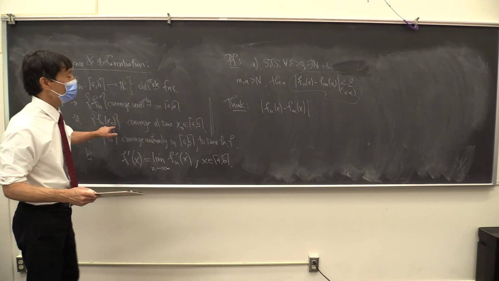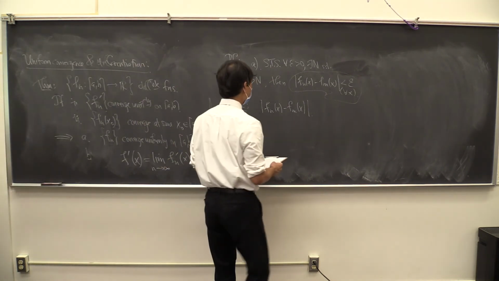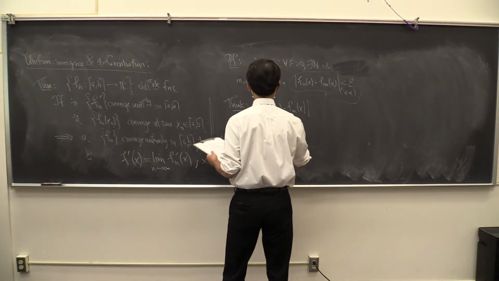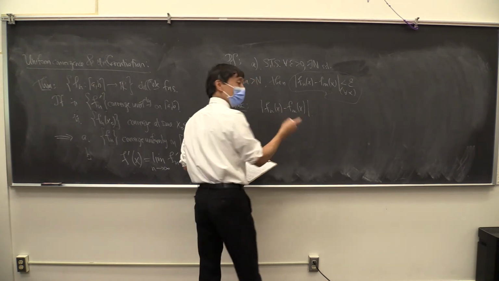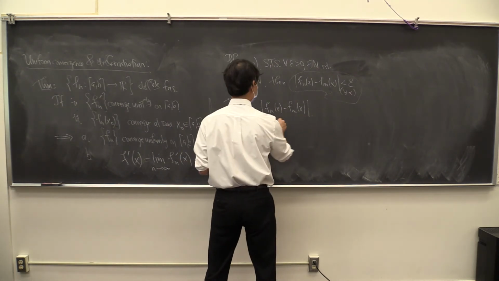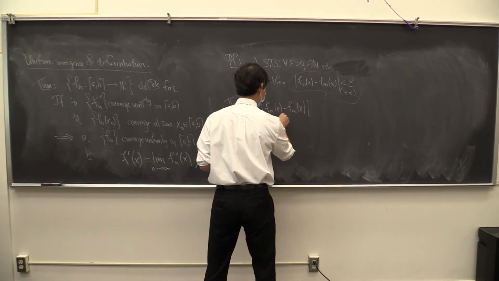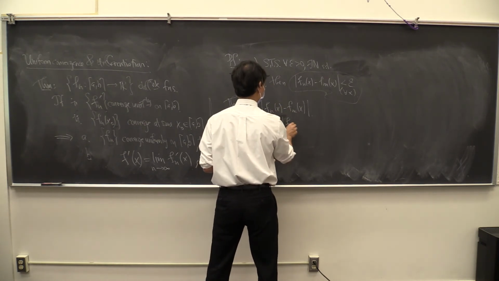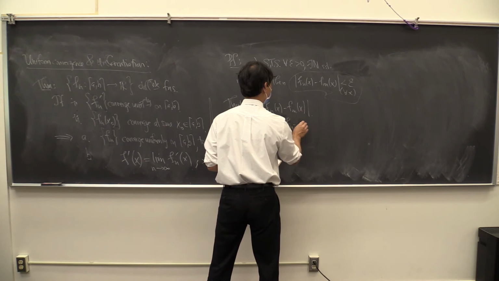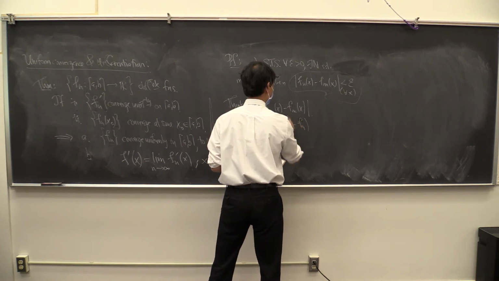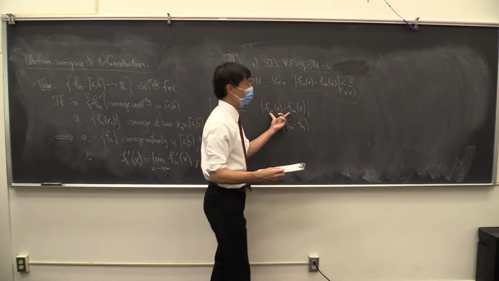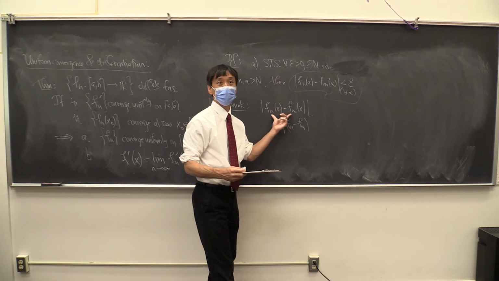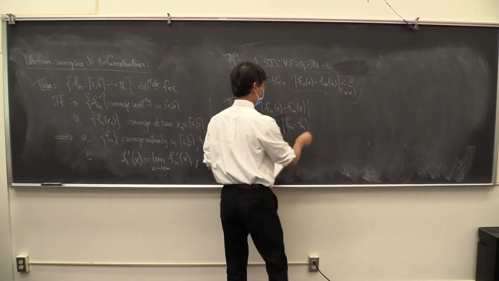Okay, so I'm going to work that point in. This is going to be less than or equal to, I'll write this as equal to, (f_n - f_m)(x). Just to save time.